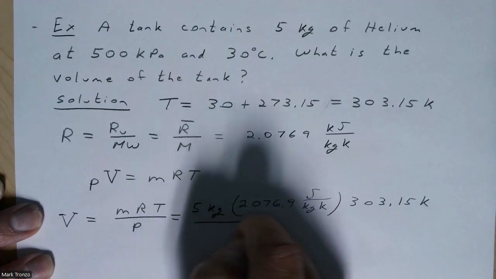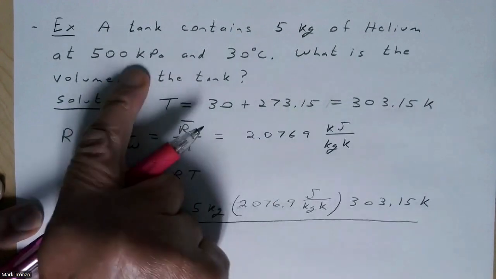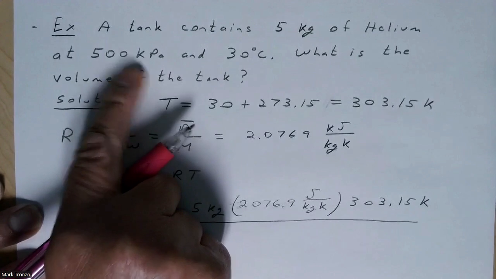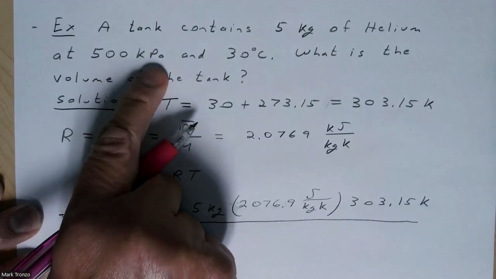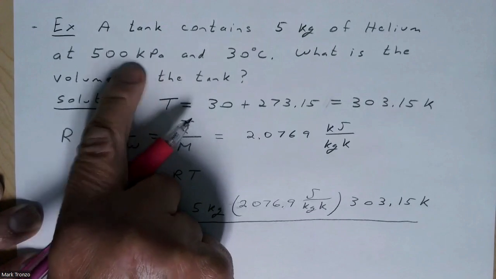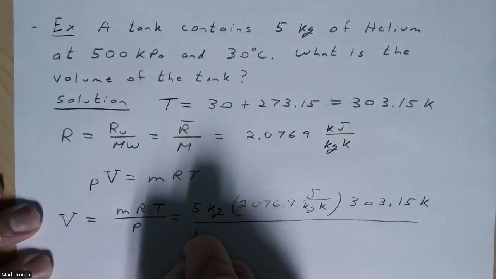And then in the denominator, we have our pressure, again 500 kPa. That's 500,000 pascals, so I'm going to convert that to pascals, multiplying by 1,000.